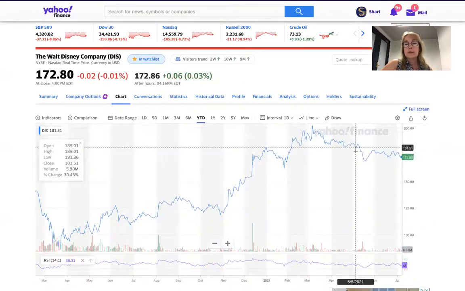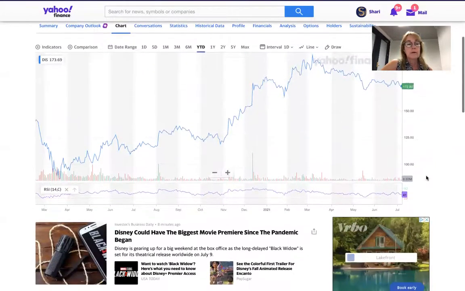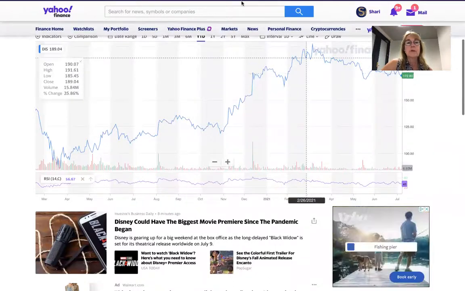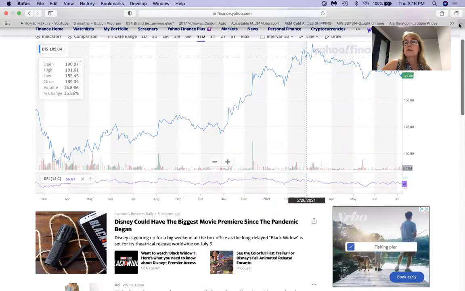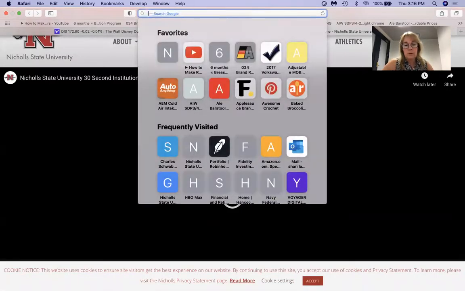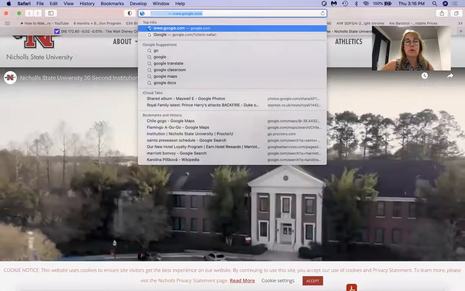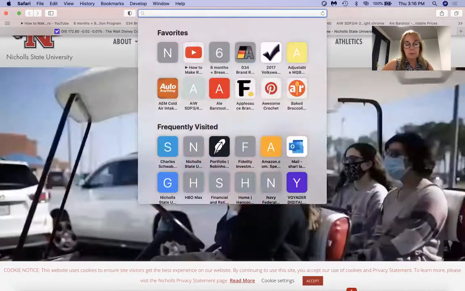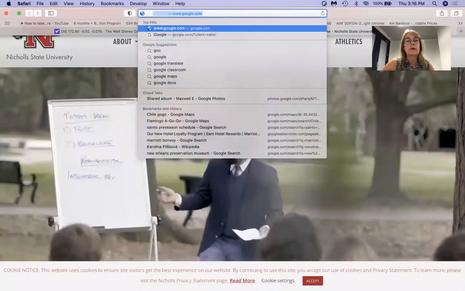Okay, so the RSI, let me show you something real quick. I'm going to give you a better definition of the RSI than what I can think about real quickly in my head.